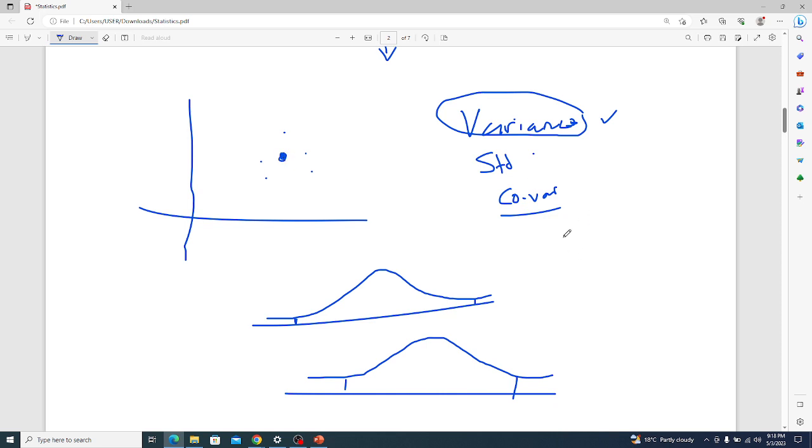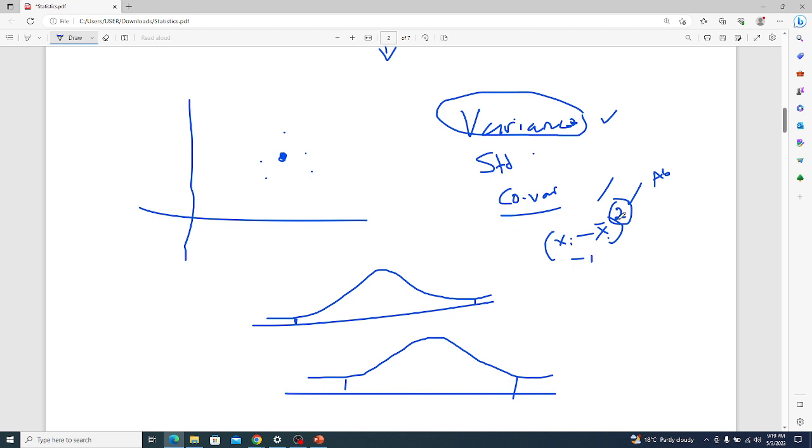Because how do you do it? We usually say it is x minus the mean, squared. This squaring is just to make sure we get an absolute value, a positive value, because sometimes you might take this minus this and get a negative.